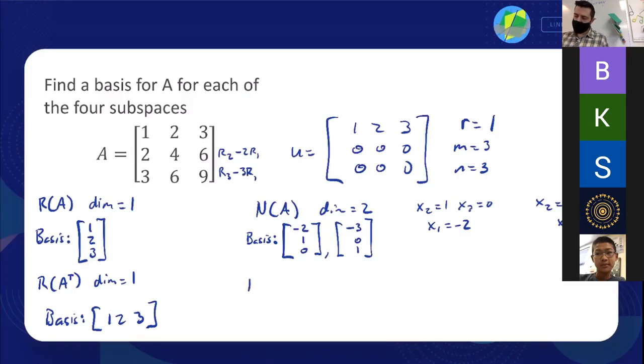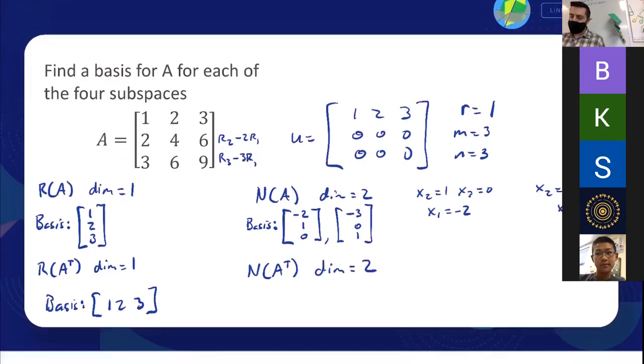And then left null space, m minus r, so 3 minus 1 is 2. And again, now we got 2 rows that zeroed out. My basis, I would just choose the combination of rows that caused that to happen. So row 2 happened because I took -2 times row 1 plus row 2 and no row 3s.